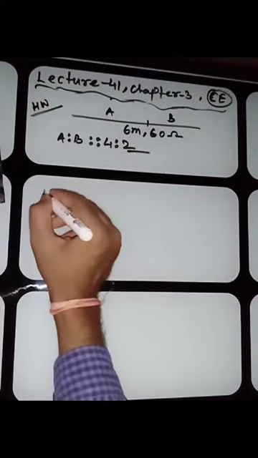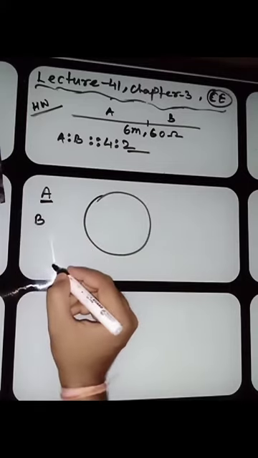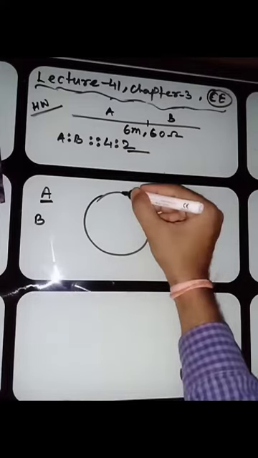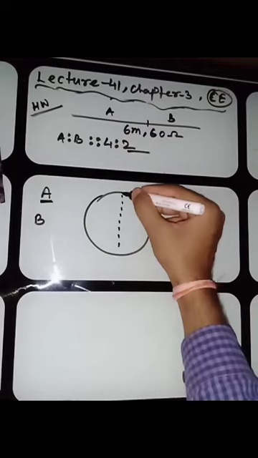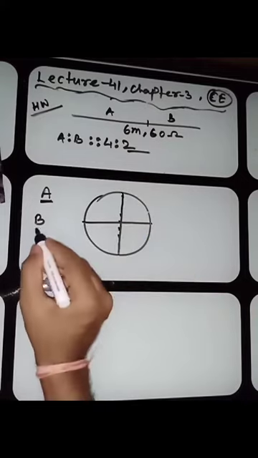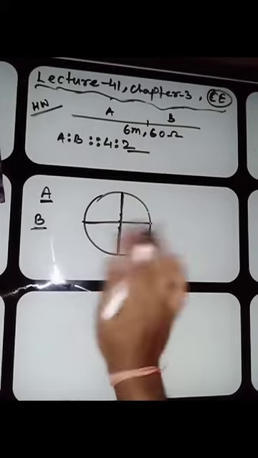Now part A forms a circle, all right, and part B forms 2 diameters like this one. We divide this B to make 2 wires, and it forms 2 diameters. I hope it is very clear.